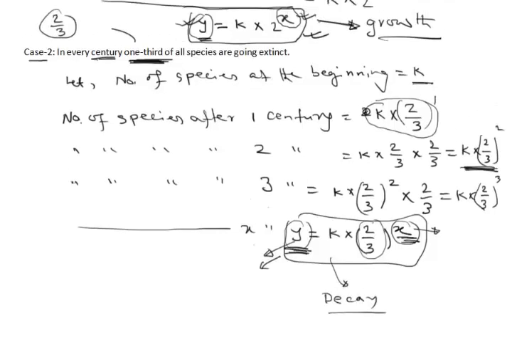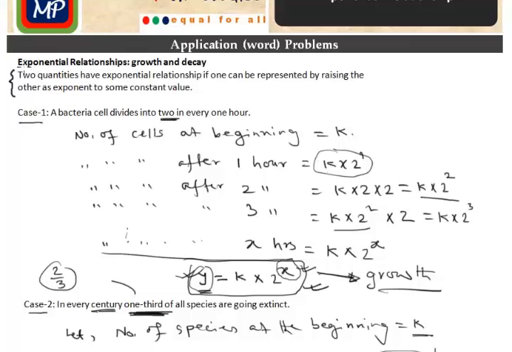In summary, two quantities have an exponential relation if one can be represented by raising a constant value to the power of the other. In general we can write y equals k a to the power x.